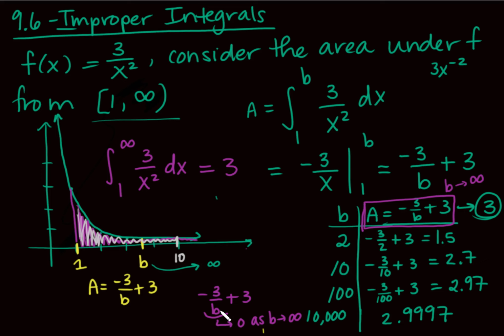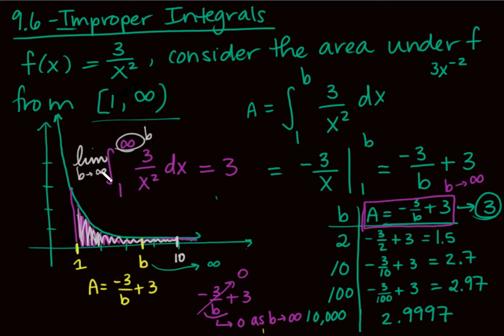So anytime I have a relatively small number divided by a really, really big number, it gets smaller and goes to 0. That's what we mean by limits at infinity. And this is how we're going to evaluate these improper integrals. We're going to replace this infinity with a b, and put a limit as b goes to infinity out front.